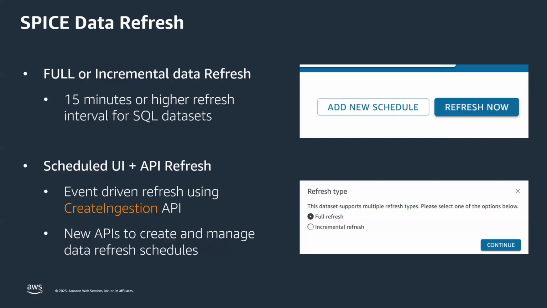That API will allow you to refresh data if you want to trigger it, say, based on a cron job or based on another event in your application, right? So you can refresh your data with full refresh as well as incremental refresh, with different options to refresh using UI schedule, API scheduling, or event-driven scheduling.